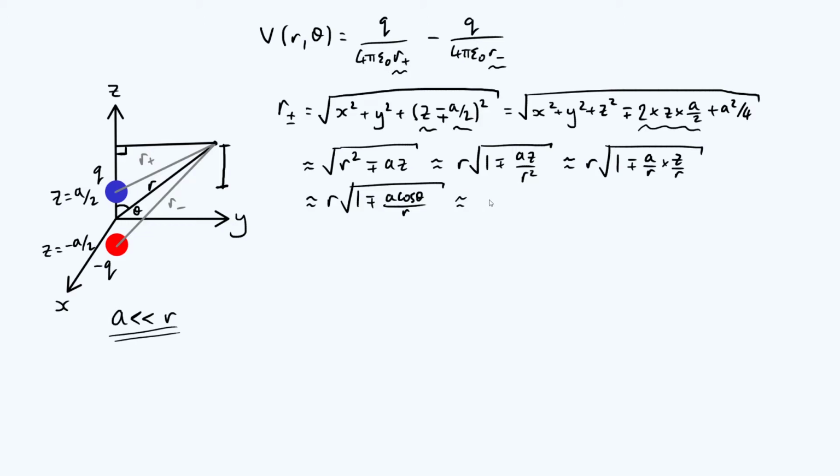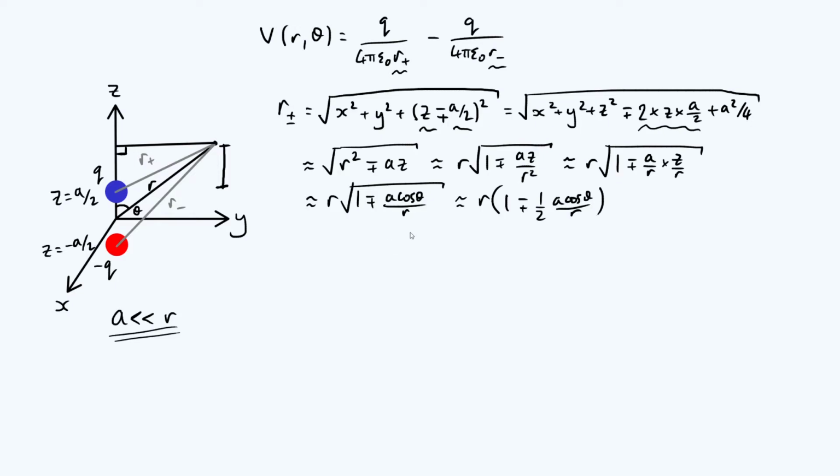So we are going to get r times 1 minus or plus a cos theta over r raised to the power of a half. Okay, and so what we do is just bring down that factor of a half. We get 1 minus or plus half of a cos theta over r. So that's just doing a first order binomial expansion on that thing over there.